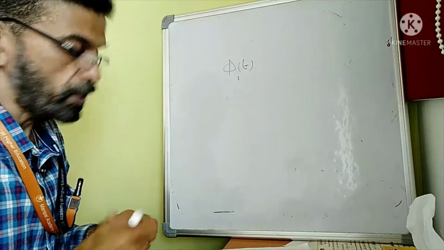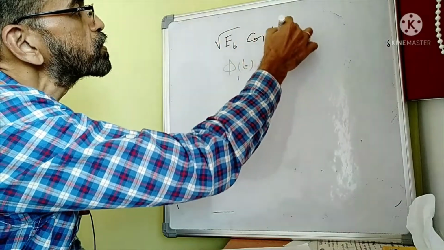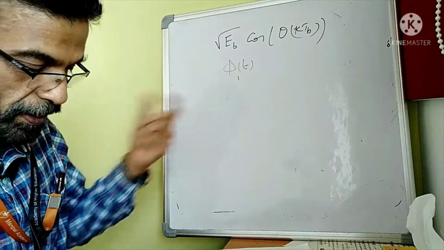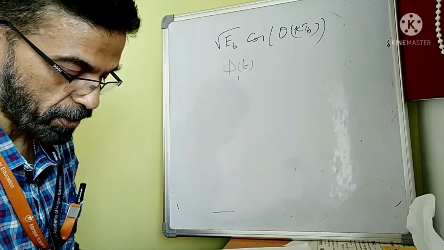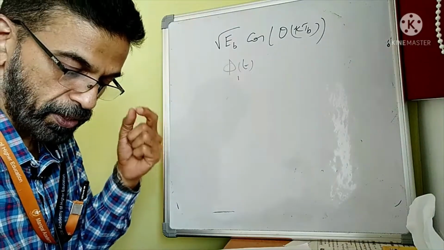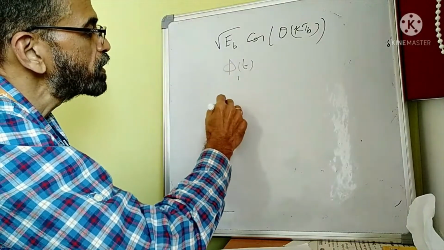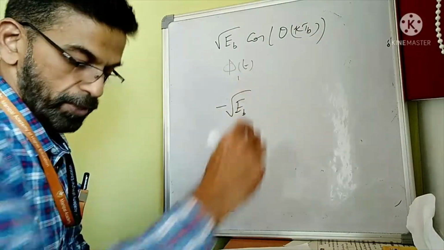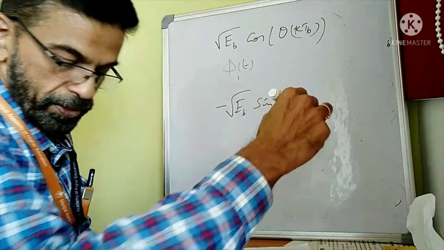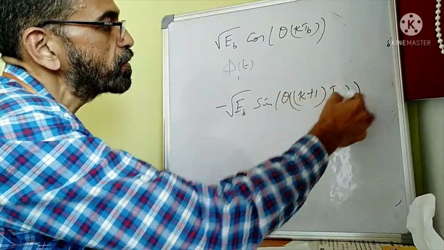as root Eb cos theta k tb. And when the received signal was multiplied by phi 2t and integrated from the interval ktb to k plus 2tb, we got the result as minus root Eb sine theta k plus 1 tb.